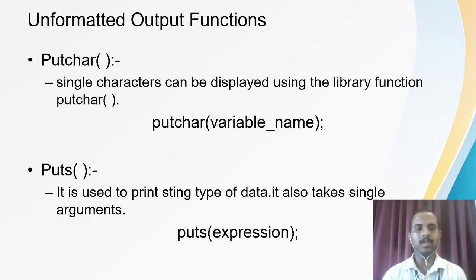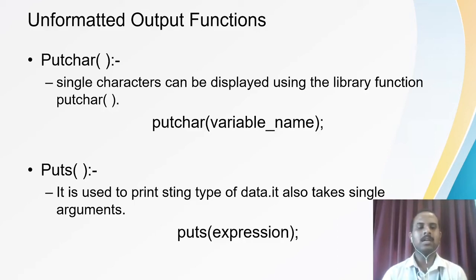Unformatted output function, putchar. It is used for display purposes and it only outputs a single character. So putchar variable name will display the character that is stored in the variable name.